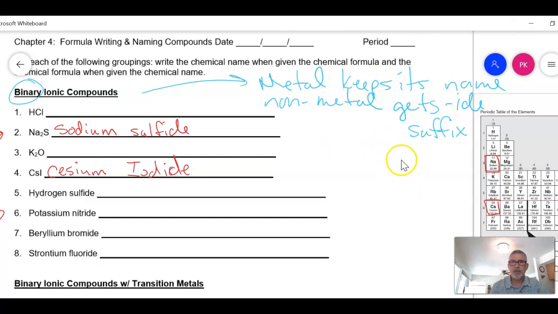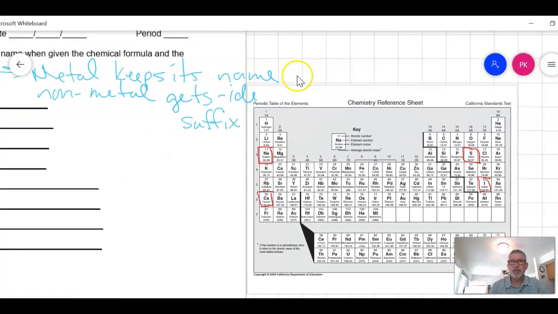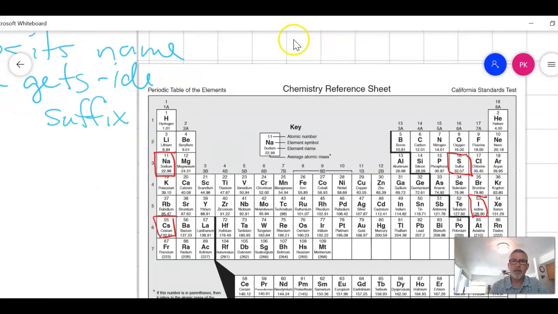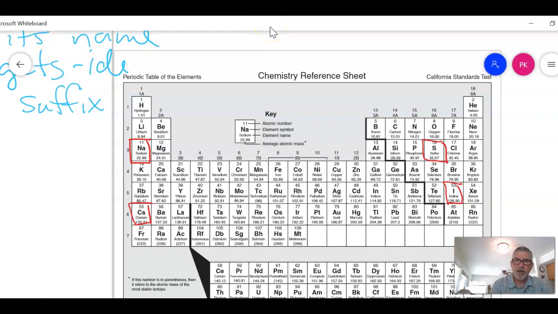All right, for writing formulas we have to do it a little differently. We need the charges, so I'll do a little review here. If you remember the periodic table for ionic compounds, metals lose and nonmetals gain. We have our step over here. Everything to the left of the step is a metal, and they all lose electrons or become positive cations.